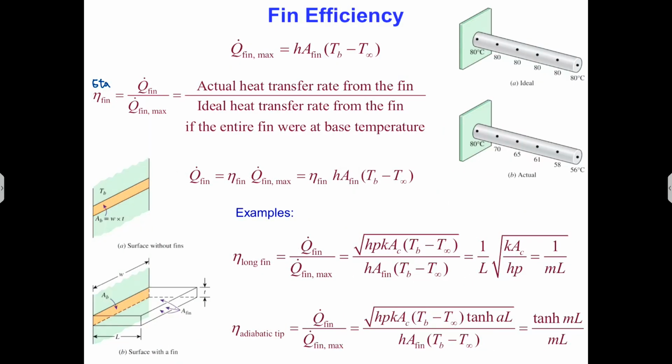Okay, so now we finish the fin effectiveness. The second one we call fin efficiency. 这个就叫做效率。Then efficiency we call eta. Then the eta is always smaller than 1 because the efficiency is the relationship between the ideal case and the actual heat transfer rate of the fin. So ideal case 是什么？就是我的热从最底部传到最外面，它就一直传，所以它的 conductivity 很好，所以整支的温度等于我 base 的温度。So the ideal case means the temperature of the fin doesn't matter which position, even to the tip, is same as the temperature of the base.